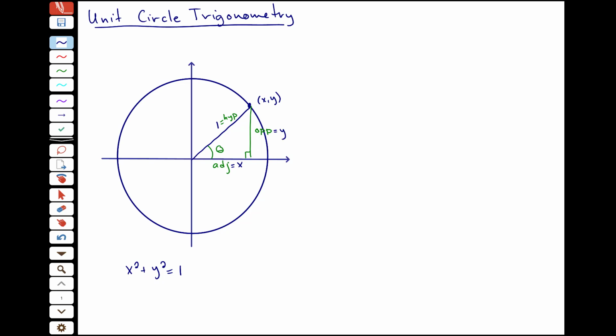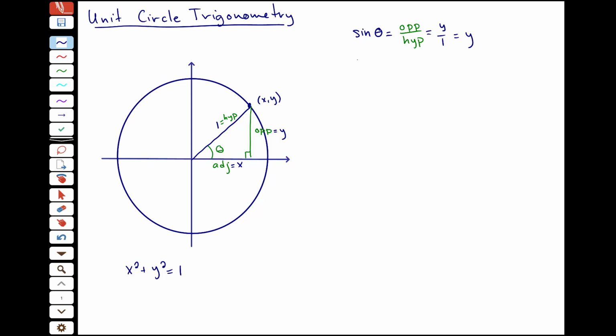So on the one hand, when we define, for example, sine of theta, in terms of our right triangle definitions, we have the opposite side divided by the hypotenuse, and on the other hand, if we use the point (x, y), we end up with y over 1, or just y.